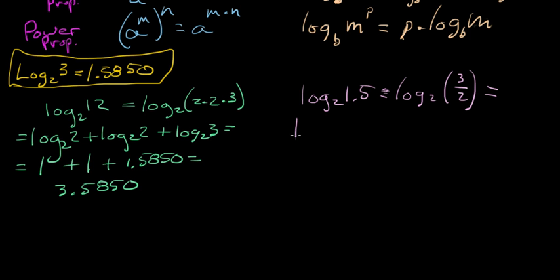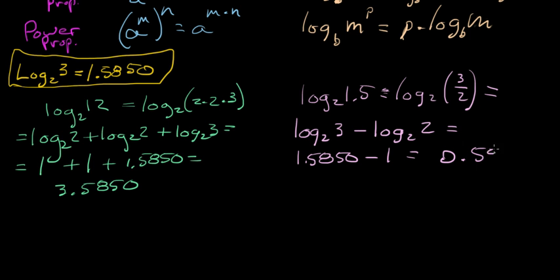Because now I can break this down into log base 2 of 3 minus log base 2 of 2. What's that equal? Well, 1.5850 minus 1 is 0.5850. Isn't that cool?